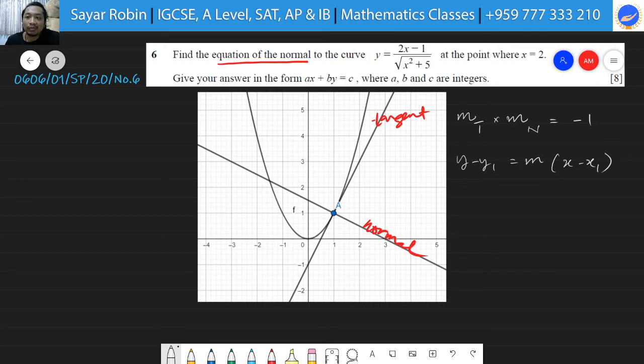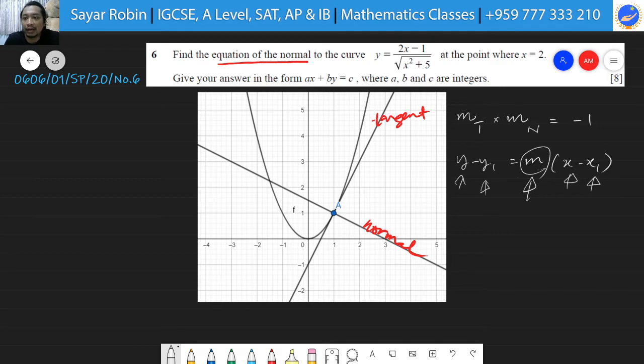If you're going to find the tangent, you just need to substitute the gradient of the tangent into this formula. If you want to find the normal, you just need to substitute the gradient of the normal into this one. y1 and x1 are the given point. Sometimes you have to find it yourself. This y and x are only variables, you don't need to think about them.